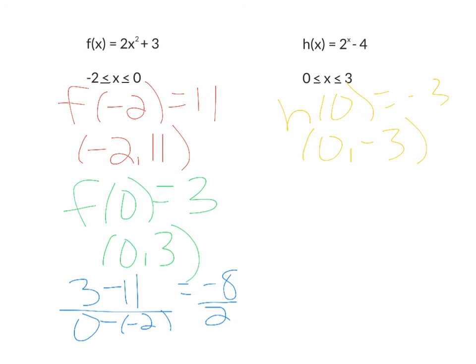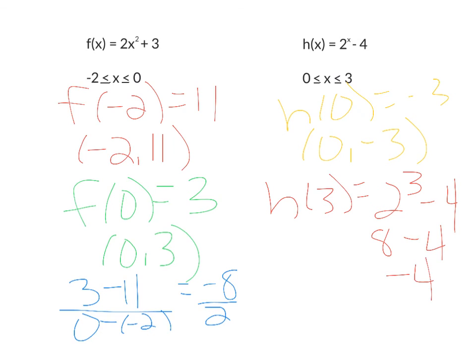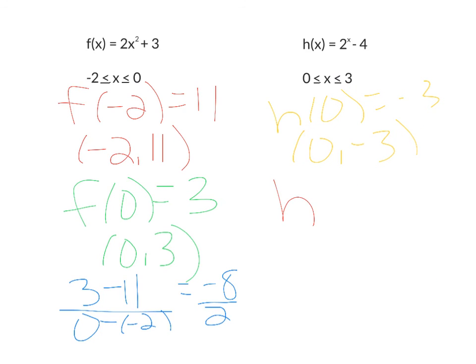Then I'm going to find h of 3, which would be 2 to the third minus 4. 2 to the third is 8, and 8 minus 4 is 4. Therefore, h of 3 is equal to 4. So I have the point 3, 4.